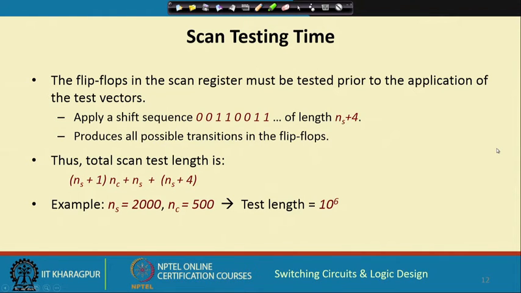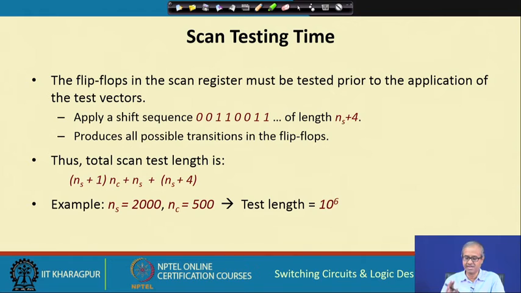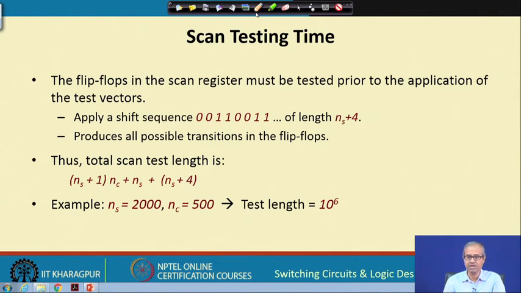Now, regarding the total scan testing time, let me very briefly talk about another thing. We have tested the combinational circuit part, but what about the scan flip flop part? There can be some faults there also. There is a standard technique of testing a shift register. You apply a pattern like this, 0011, 0011, 0011, of total length n s plus 4.